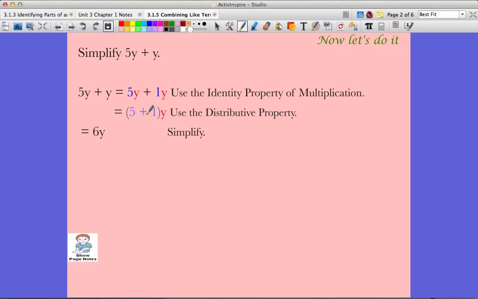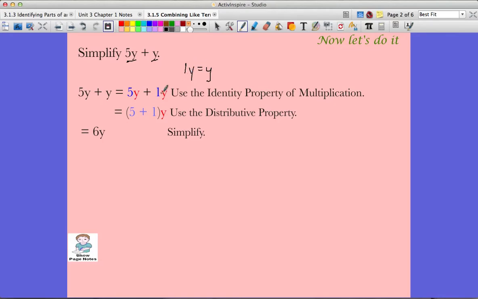less steps. So in this case, if I have 5y plus y, and I know y equals 2, I would have to put in 2 for each of these, do 5 times 2, and then add another 2. Instead of doing that, since 5y and y are like terms, I know that using the identity property of multiplication, to have y by itself, I can multiply it by 1, because anything times 1 is itself.